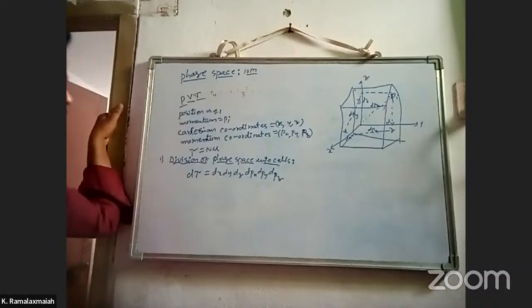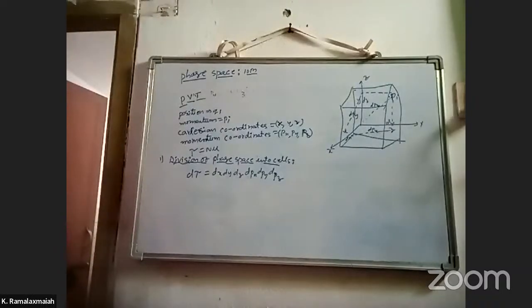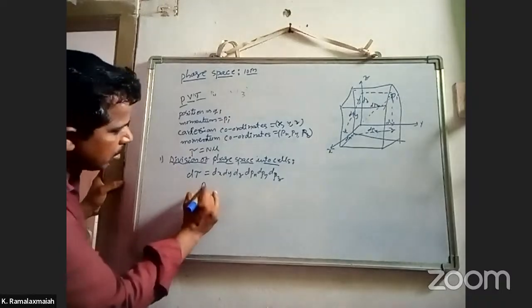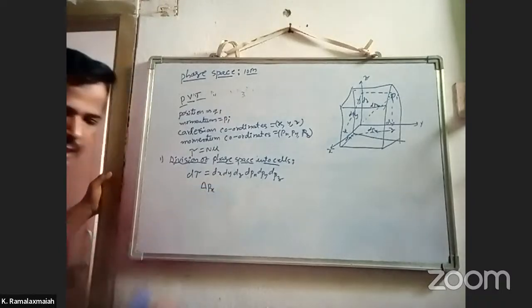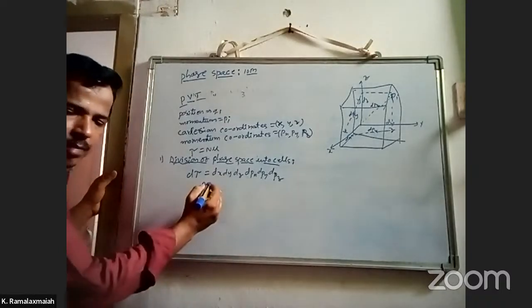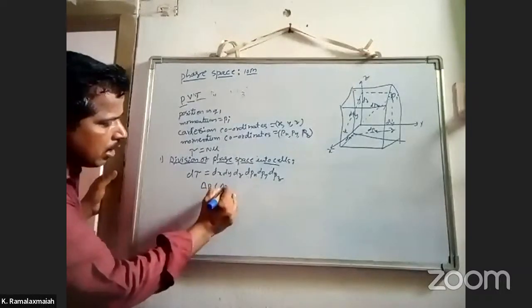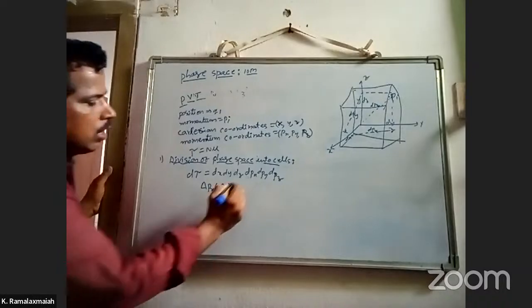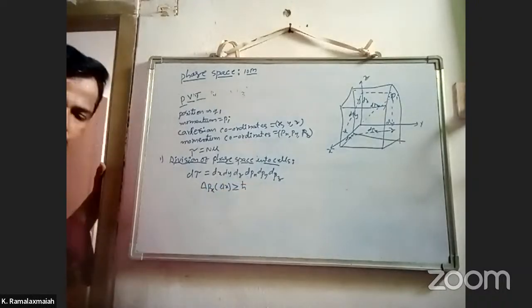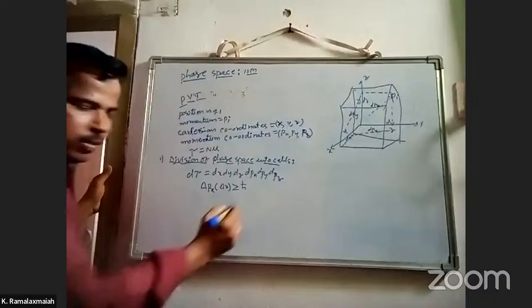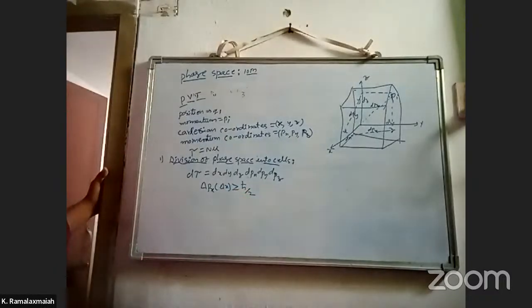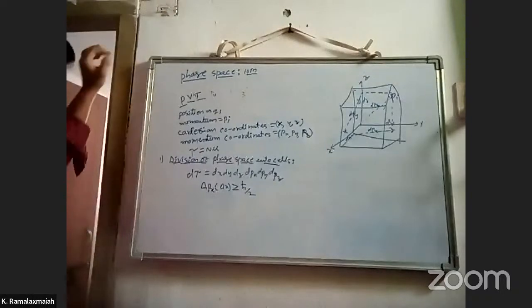According to the uncertainty principle, delta px times delta x is greater than or equal to h. This is the uncertainty principle.